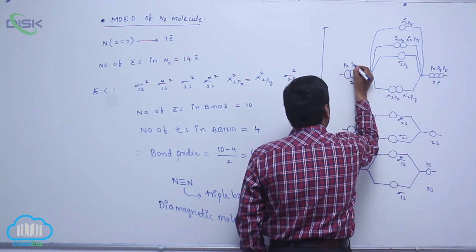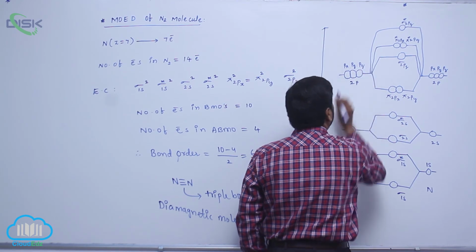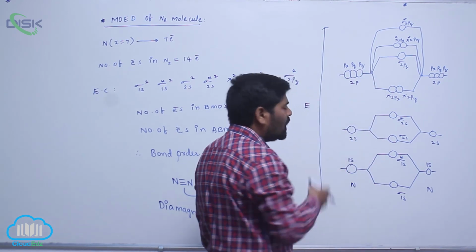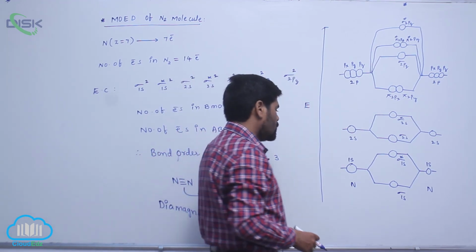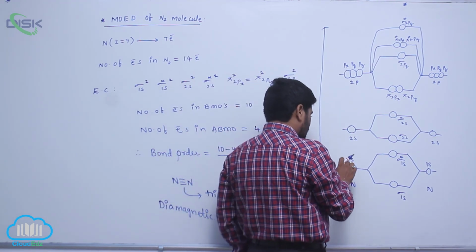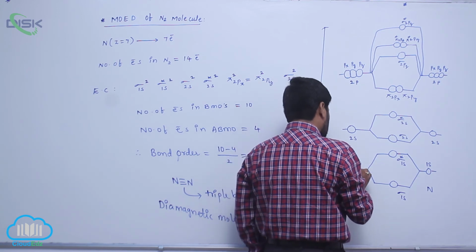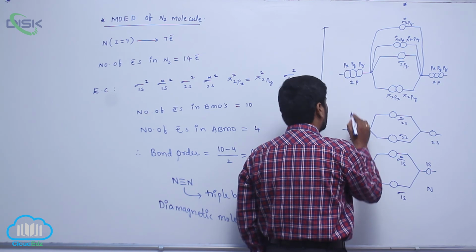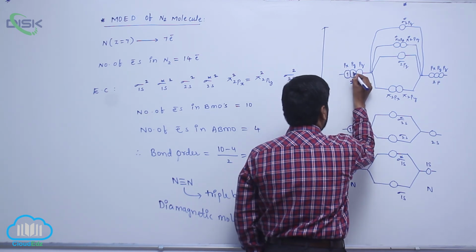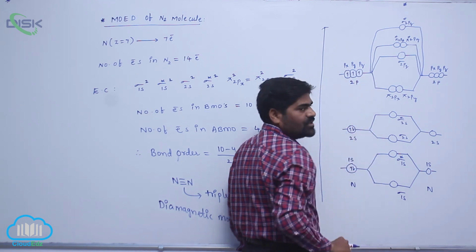So this is the energy level diagram of the N2 molecule. Nitrogen contains 1s2, 2s2, 2p3, 3 electrons here.